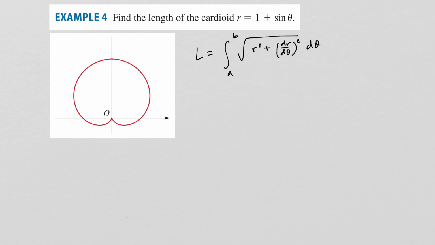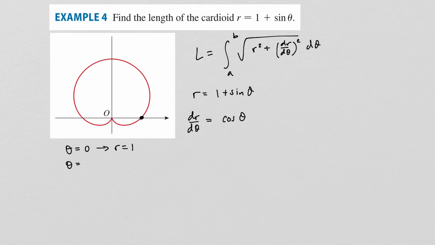So here is our formula for arc length. We know that r is equal to 1 plus the sine of theta. So dr/dθ is going to just be cosine of theta. Now what about the limits? We know that when theta is equal to 0, r is going to be 1. That is this point right here.